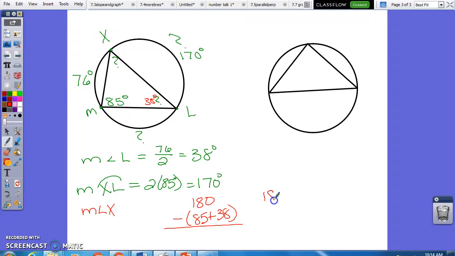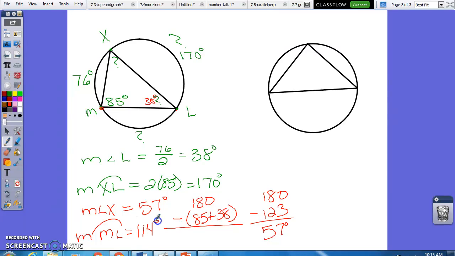That's 180 minus 123. So that would be 57 degrees. The measure of angle X would be 57 degrees. And then the measure of the arc from M to L would be 2 times that, or 114 degrees. So there gives you all of the angles and the arcs that you're looking for.